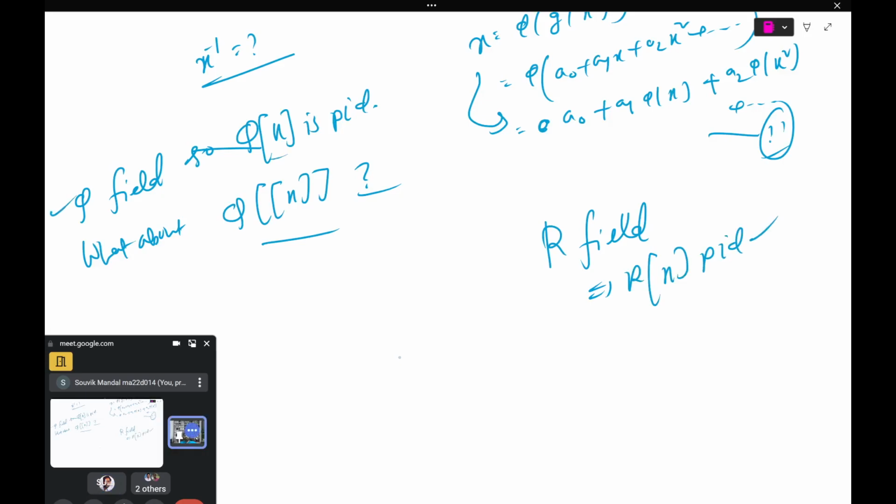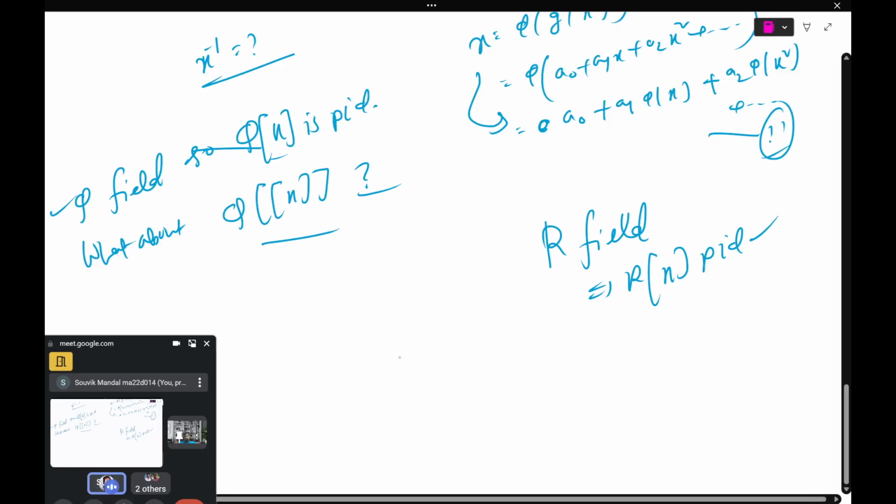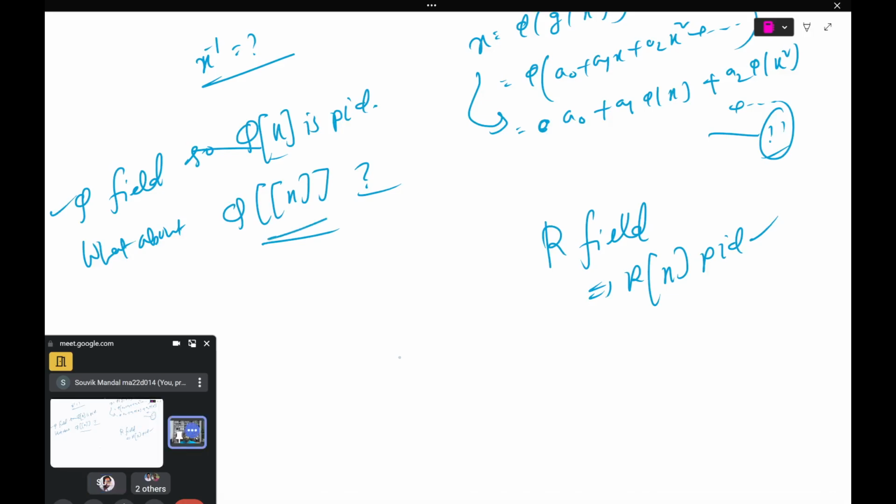So Q is a field, Q[x] is a PID. So the first question is, what about Q[[x]]? Is Q[[x]] a PID? Q[[x]] can be considered as power series whose coefficients come from Q. The point is that Q[[x]] is a space of series that go infinitely, that is its specialty.